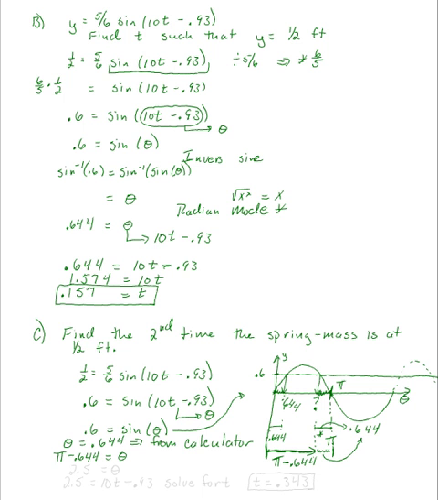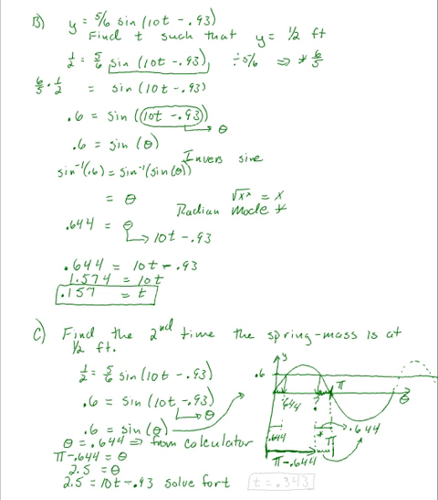Okay, so when I calculate that on the calculator, I get pi minus 0.644 is 2.5. And then again, I go back and substitute theta equals 10t minus 0.93 and solve for t. So I'll have 2.5 equals 10t minus 0.93. Now we've done that a couple of times.